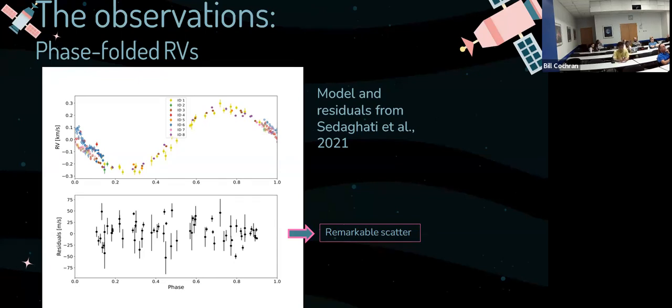What we saw, both from the residuals and from the curve, is a remarkable scatter. The observations are 12 years long, and this tells us that fixing the orbital period and all the parameters in time is not good to describe the whole 12 years of observations.